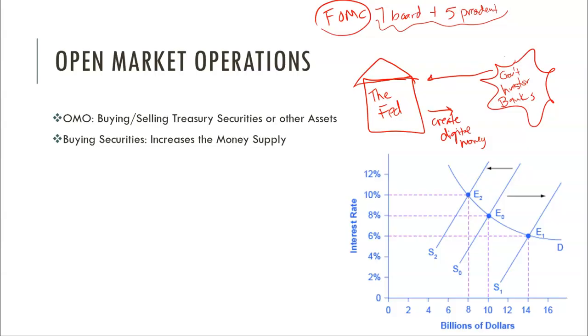And so these people will give the assets to the Fed, and in return, the Fed will give them money, digital currency. Okay, so this is what buying securities or buying bonds looks like. The Fed buys them, they end up with more bonds, more assets at the Fed, and banks, government, whoever ends up with more money. Okay, so money goes out, assets come in.